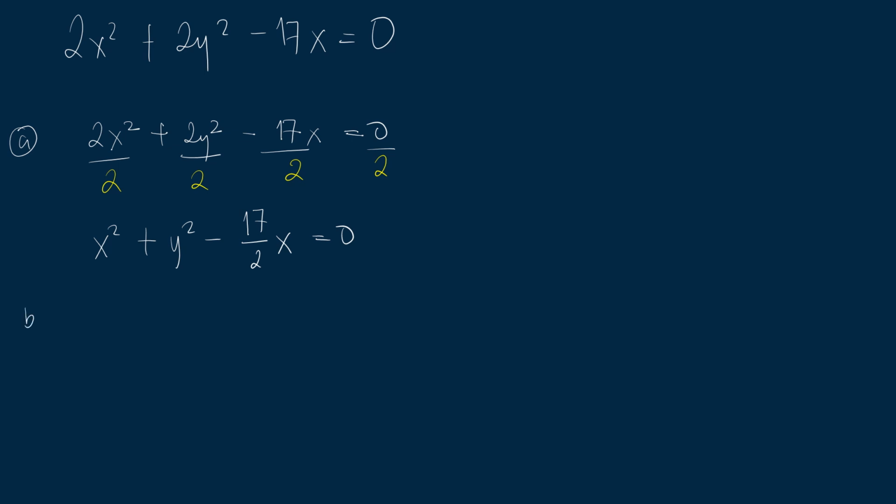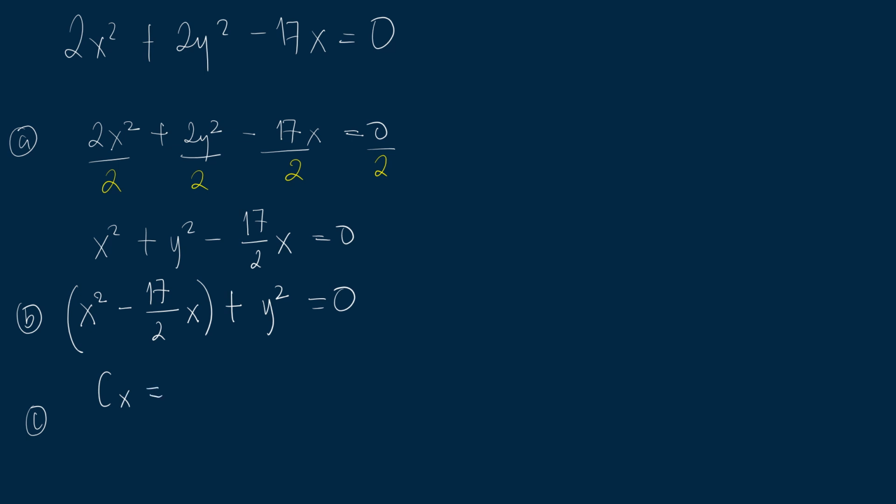Let us group x squared minus 17 over 2x and y squared is alone on the next step. Okay? This time, your letter C step is to solve for the value of your c sub x only. Why c sub x only?